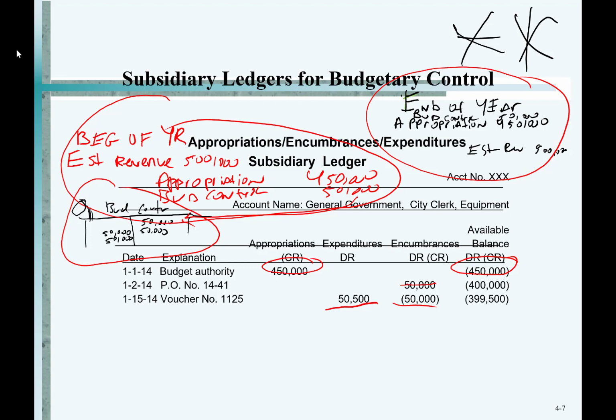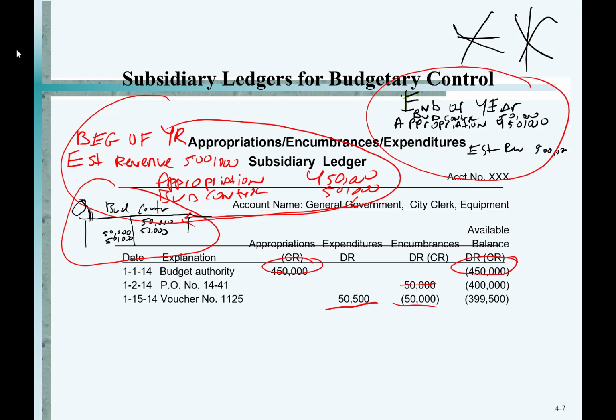That's how budgetary control works. You put the amounts in at the beginning of the year for what you think you're going to have as a surplus, or deficit. If it was a deficit, you would debit it, right? What you think your surplus is going to be. You go through the year. At the end of the year, you reverse that out, don't you?